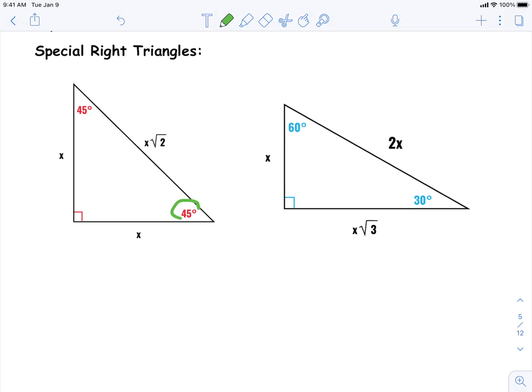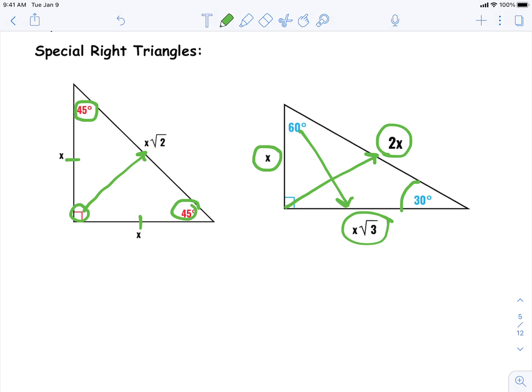If here is 45 degrees and 45 degrees and 90, these two sides opposite 45 are congruent, and then opposite 90 degrees will be x square root of 2. For the 30, 60, 90, here is your 30 degrees, opposite will be x. Opposite 90 degrees, its length will be twice x, and then opposite 60 degrees is x square root of 3.